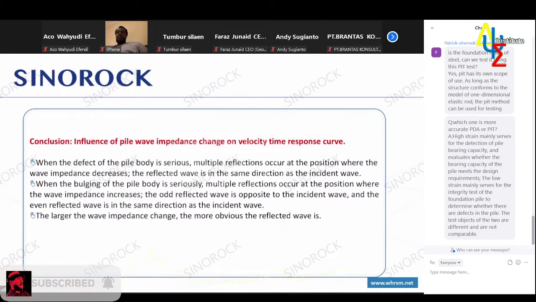When the diameter of the pile is expanded seriously, there will be one, two, or even multiple reflections at the position where the wave impedance increases, and the odd number of reflected waves are opposite to the incident waves. The even reflection wave and the incident wave are in the same direction. When the wave impedance changes more, the amplitude of the reflected wave is more obvious.